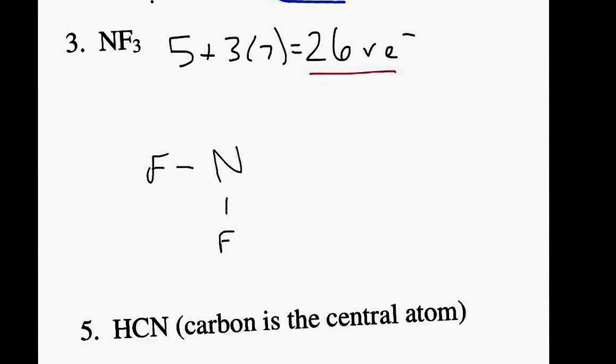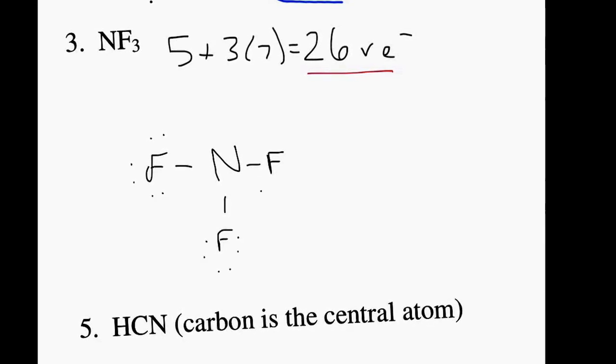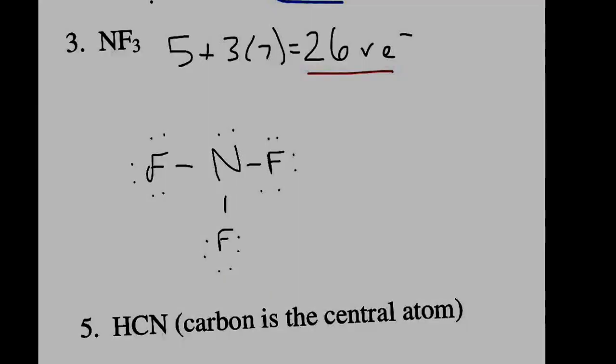So I've got N bonded to F, F, and F. Each one of these F's needs 6 more valence electrons because they need a total of 8. And the N now needs 2 more. So now if I count it up, 2, 4, 6, 8, 10, 12, 14, 16, 18, 20, 22, 24, 26. We're in good shape. Don't need a charge on it. Didn't have a charge.